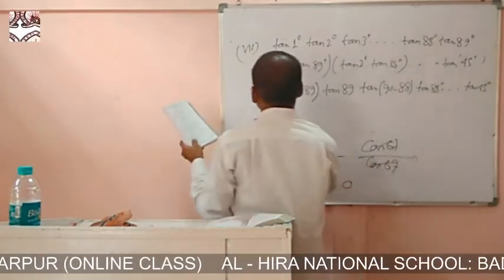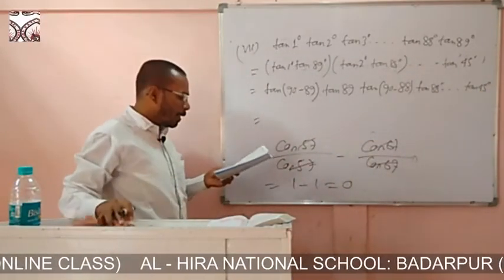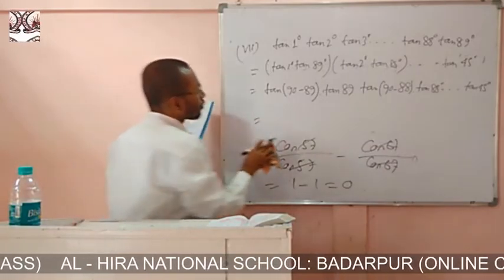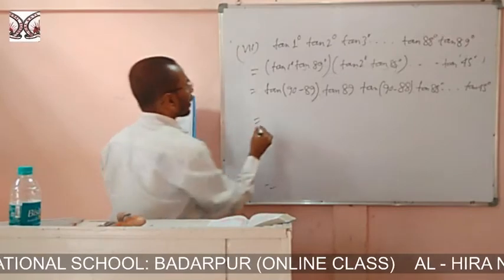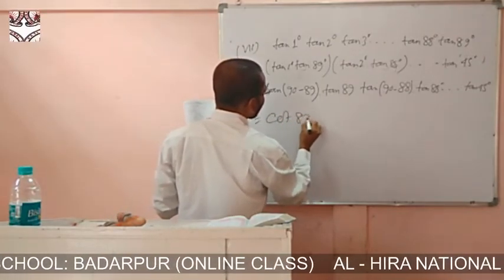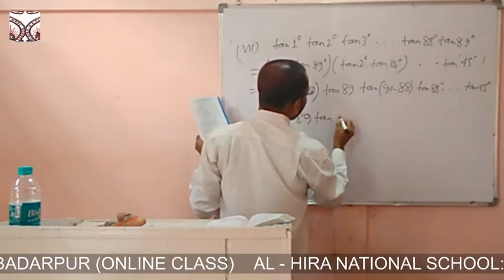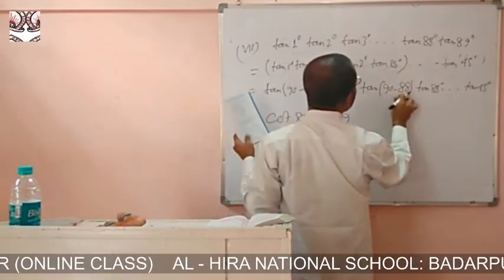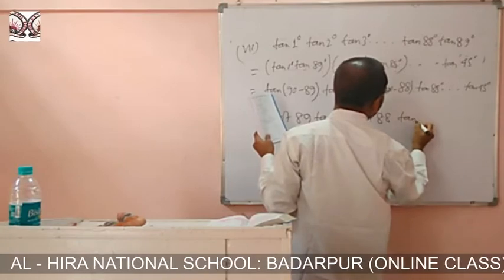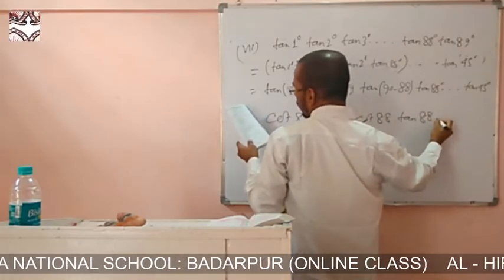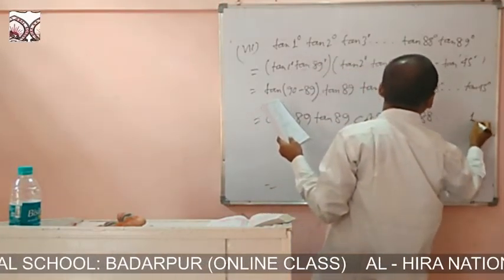Tan(90 minus theta) is cot theta, so we can write cot 89 into tan 89, cot 88 into tan 88, dot dot dot, tan 45 value is 1.